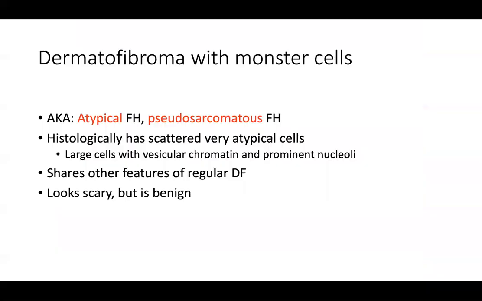What about dermatofibroma with monster cells? This is actually considered an atypical DF or a pseudosarcomatous DF or pseudosarcomatous FH. Histologically, you can find scattered cells that are pretty atypical. You can have some large cells with vesicular chromatin and prominent nucleoli. There's sharing of features with regular DF, but it can look pretty scary.